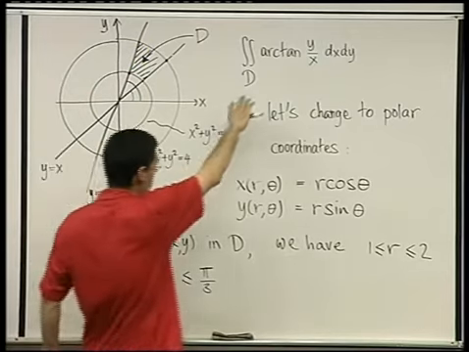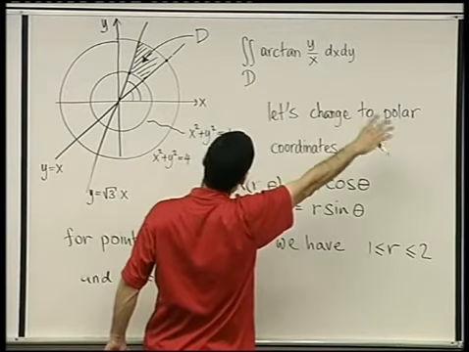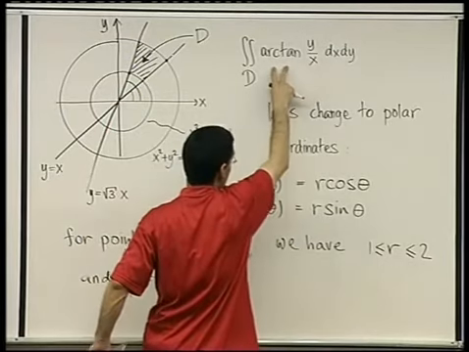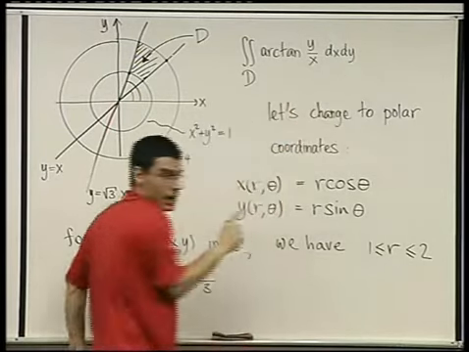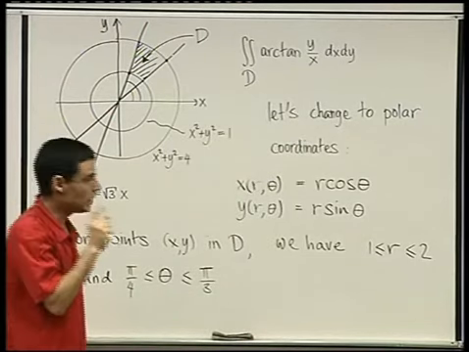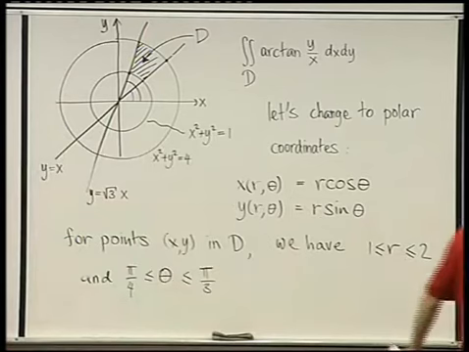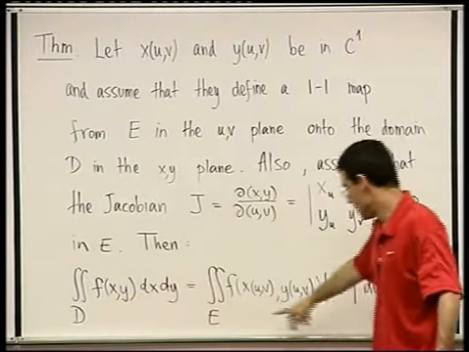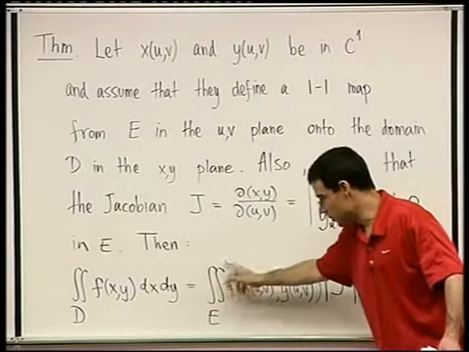So this integral is going to change to the integral on this new domain of theta, dr d theta, but there's still one more tiny thing missing. Let's look at the theorem. It's still here on the board. Forget the blah blah for a second. We'll deal with the blah blah in the next clip. We're just doing examples now. So the double integral of f converts to the double integral on the new domain.